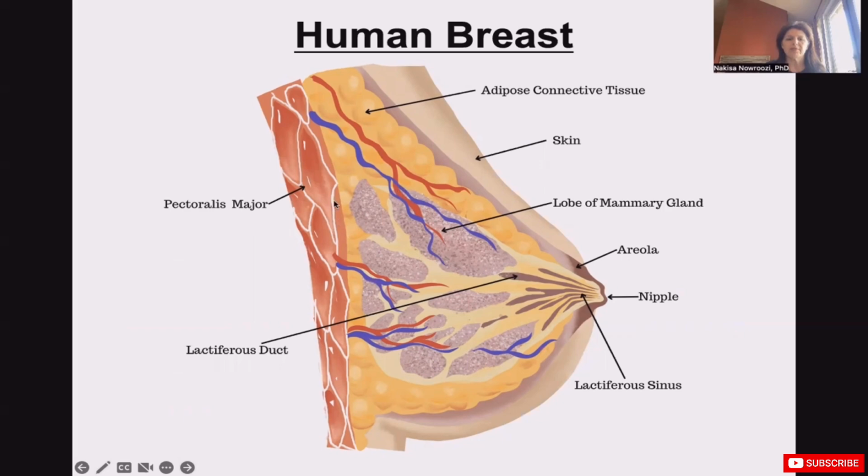These are lobes of mammary glands. From here, the lactiferous ducts bring the milk towards the nipple, towards the exit. And when they get to the nipple, they become wider. They're called lactiferous sinus at the nipple area.